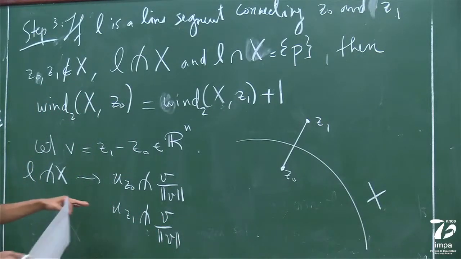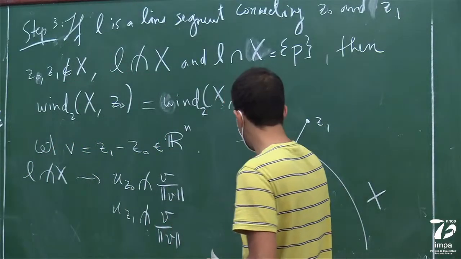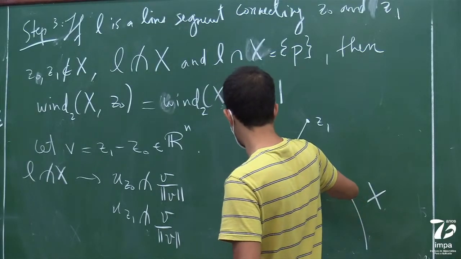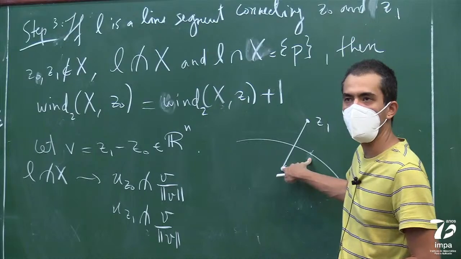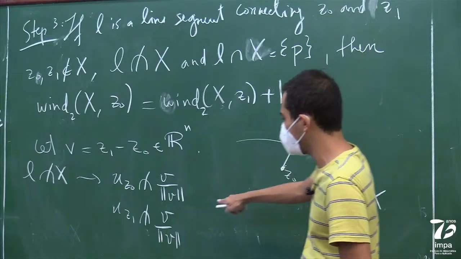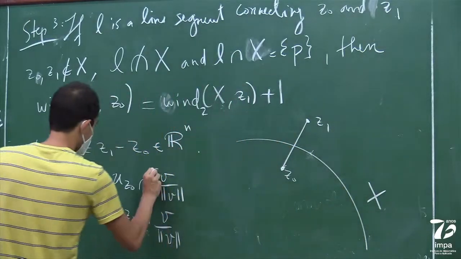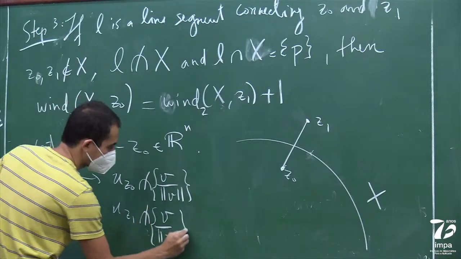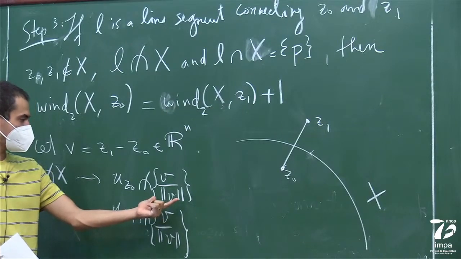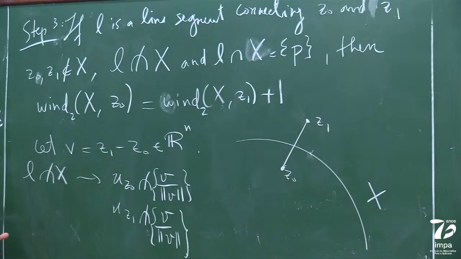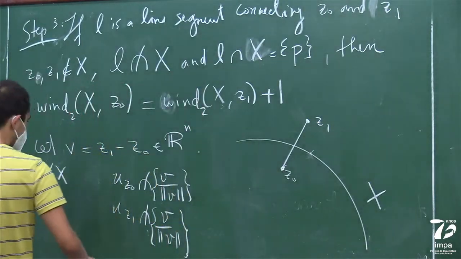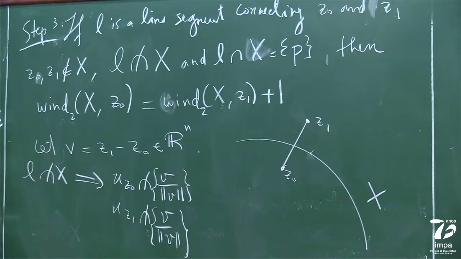This line being transverse to x means that when you look at this difference divided by this norm, this is going to be a map into a sphere, and this is going to be a regular point of that. It's the same thing as saying that this vector here is a regular value for both of these maps. So this is the implication that I referred to earlier as an exercise.